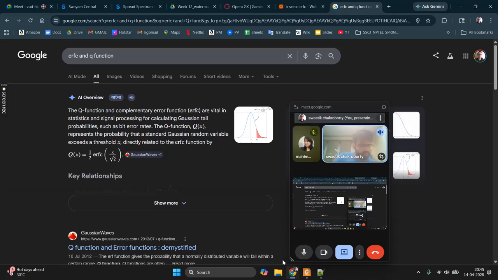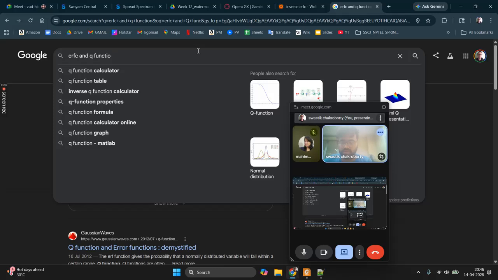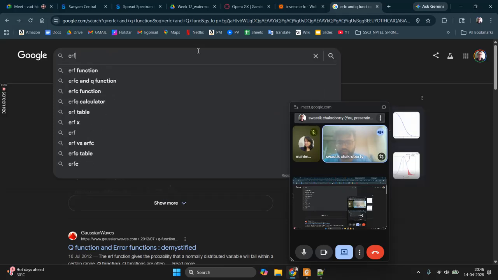So Qx is nothing but half ERFC of x by root 2. That is given to be 0.01. So ERFC of x by root 2 is 0.02. So we have to go to the ERFC table and find which value gives 0.02.